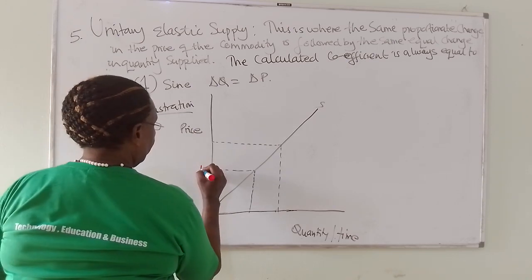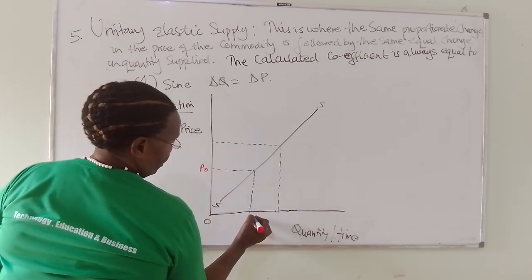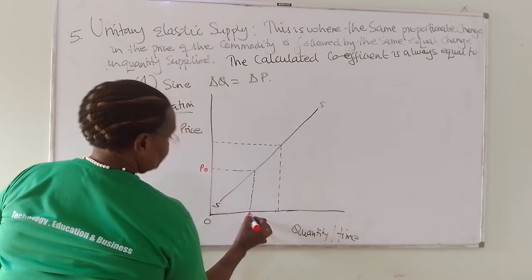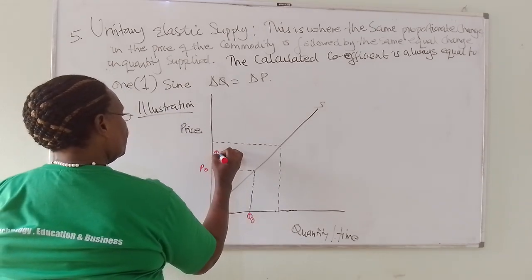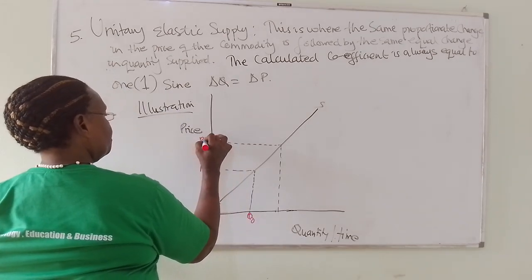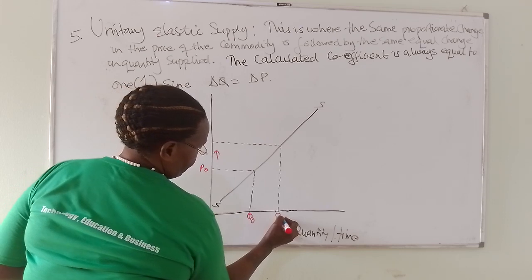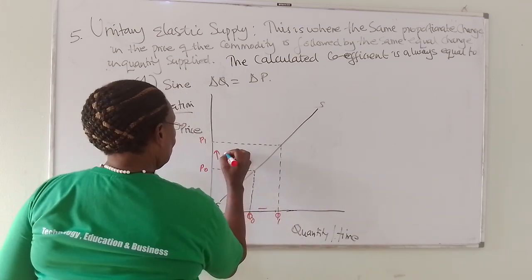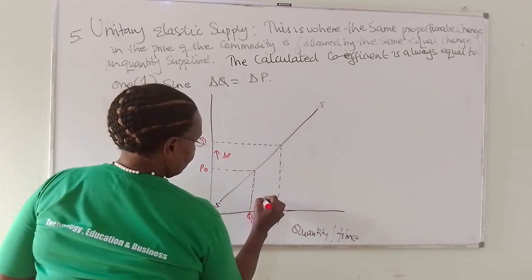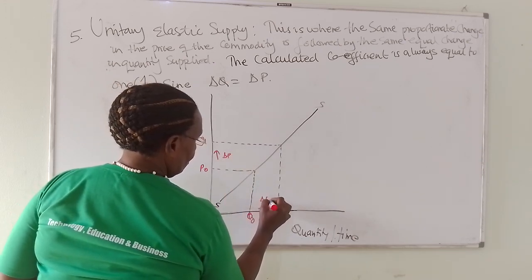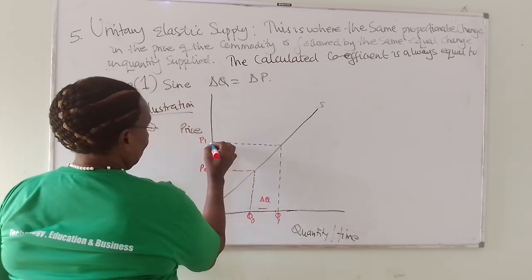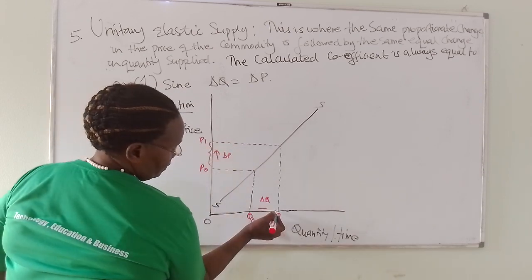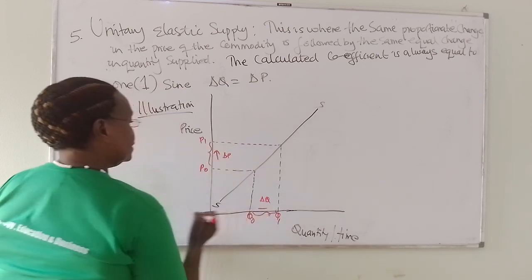We have an original price of P0 and our quantity supplied was Q0. You increase the price to a higher level, P1. Our quantity supplied also increased to Q1. And you find that the change in price is exactly the same as the change in quantity. So the distance here is the same as the distance there.